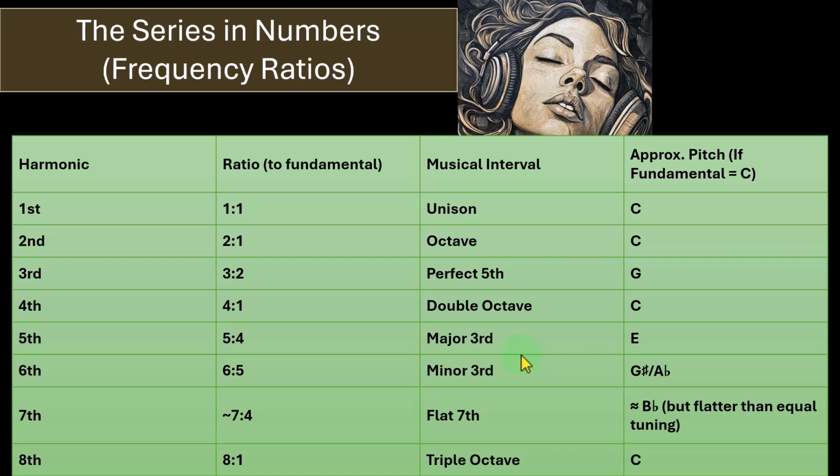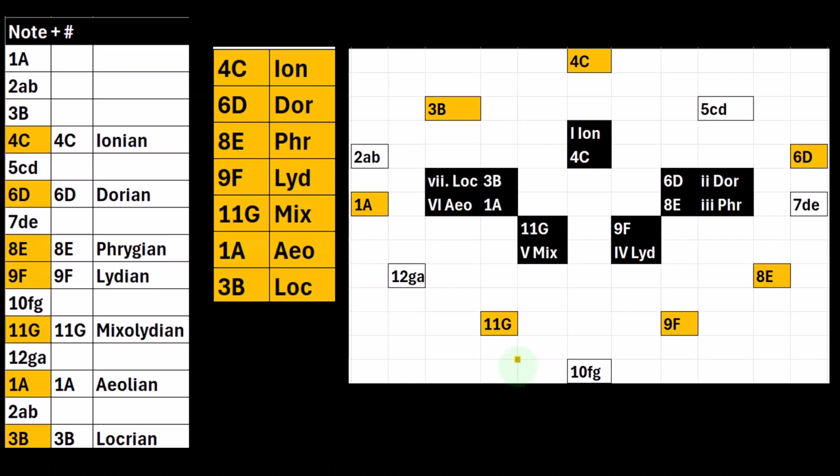So now it also has a minor third to it, which is interesting because these sets of notes that we came up with actually have more minor thirds than major thirds, meaning the Aeolian, the Dorian and the Phrygian all have minor thirds.